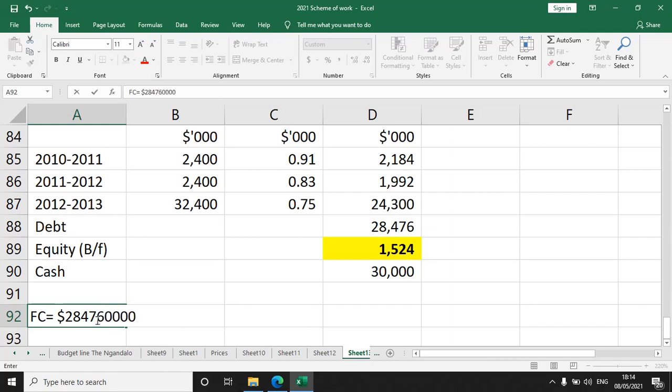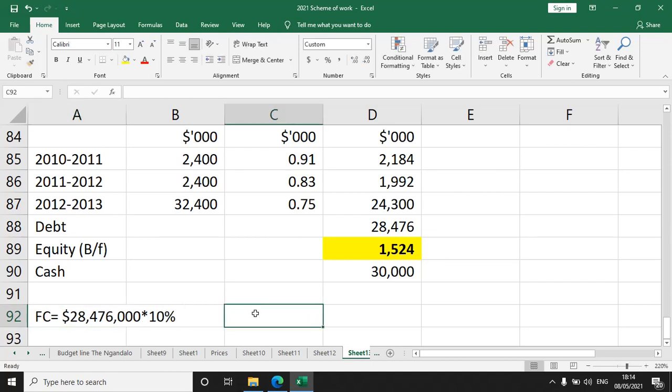Then we multiply that by, is that correct? Okay, so I think it's correct. Yeah, multiplied by the higher percentage, which is 10%.